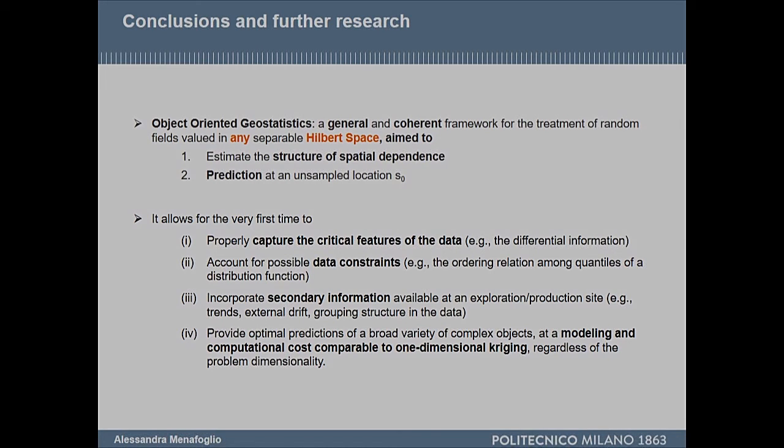It allows us to incorporate secondary information available at the field site. And it allows us to provide solutions in an efficient way, at the same cost that you would have with very simple data.